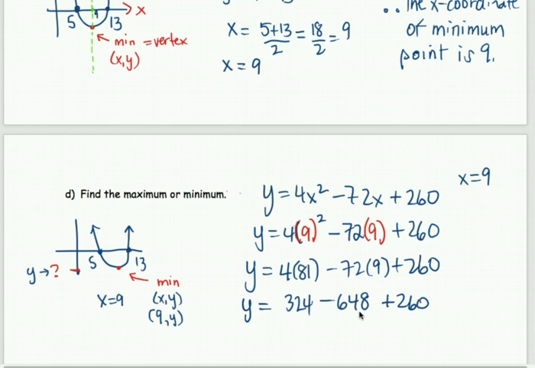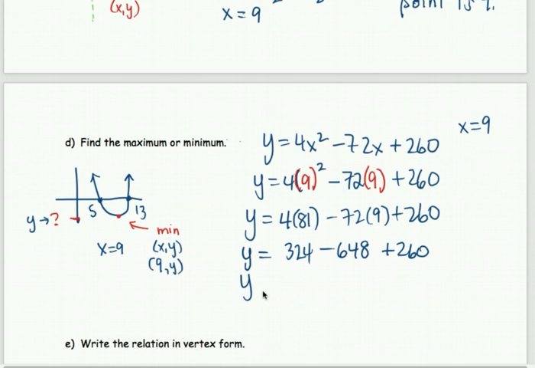Now that we've taken care of the multiplication, I can just add these together. 324 subtract 648 plus 260. So we have a value of 64. It makes sense that it should be in the negatives. So the maximum, or no, it's the minimum, sorry, the minimum is 64, or negative 64. Okay, like that.